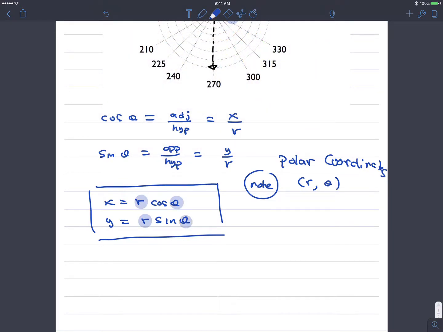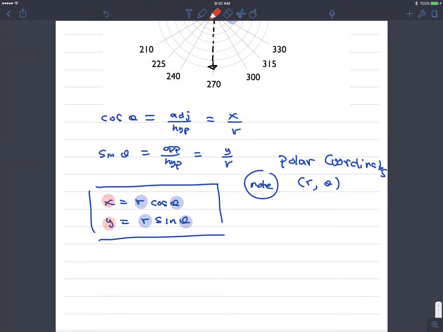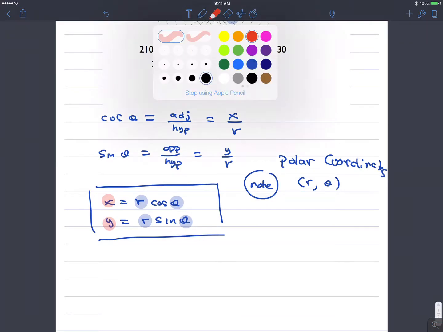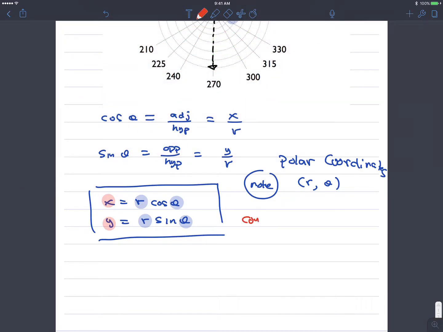And here's my theta value. What do I get? I get x and y coordinates. So any r theta, any point in polar, can be converted to what we call rectangular. So we do that. This converts to, I'll write it in red, rectangular coordinates. And that's how we do it.